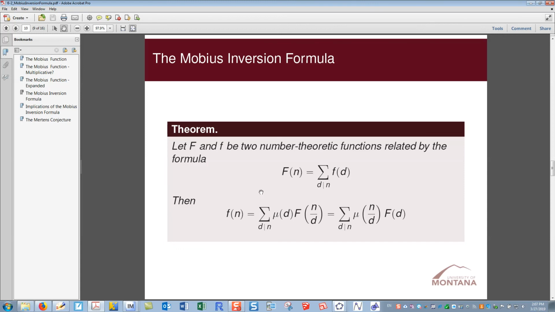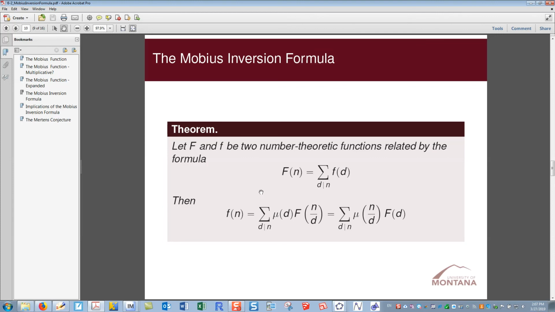So here it is. Here's the big Mobius inversion formula, and it's a broad formula that incorporates the Mobius mu function. It says that if F and f, so big F and little f, are two number theoretic functions that are related by this formula, big F of n is, of course, the sum across all the divisors of little f of d.